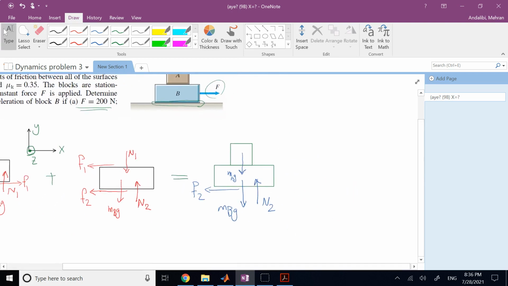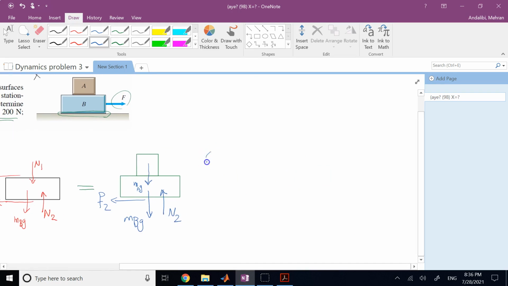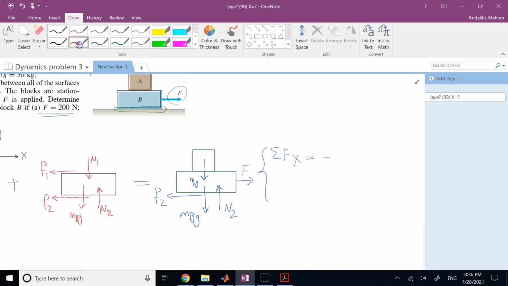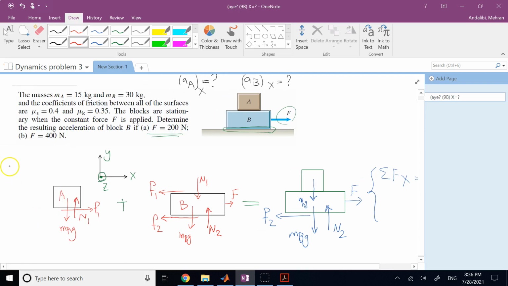Okay, so now first I focus on this guy. And I say, well, I have two equations for this. Summation of the forces along x direction, and of course the capital F, we just forgot capital F in both cases. So this is block B and this is block A, and here we are solving part A, where F is 200 Newton.